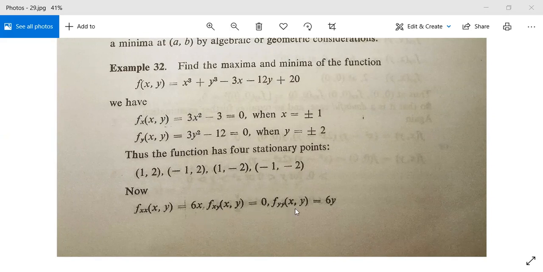Similarly fyx will be 0, and fyy means differentiate this fy with respect to y partially once again. So it will be 6y minus 0, so it is 6y. So we get r is equal to 6x, s is equal to 0, and t is equal to 6y.